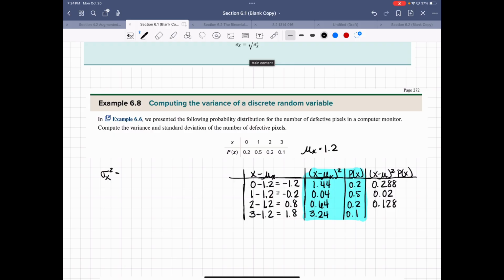And 3.24 times 0.1 is 0.324. Now I need to add them all up. Because what does it tell me? It tells me this is the sum of x minus the average squared times p of x. Okay, this is the variance, guys. All right, so let's add them up.